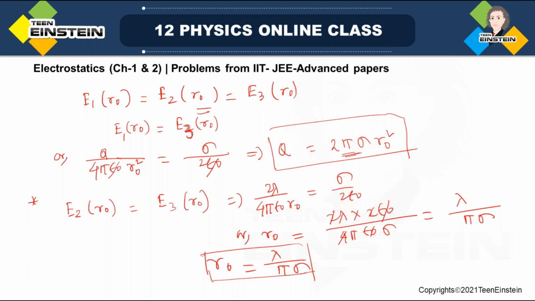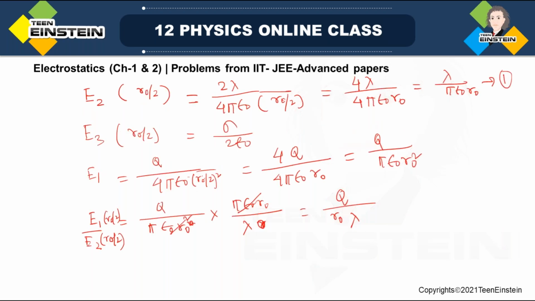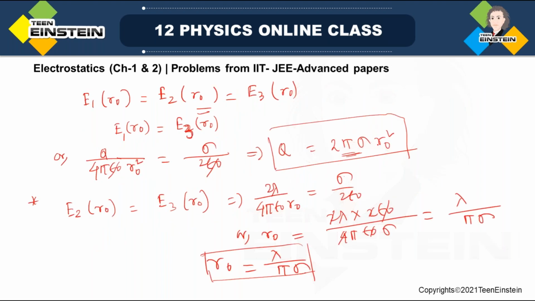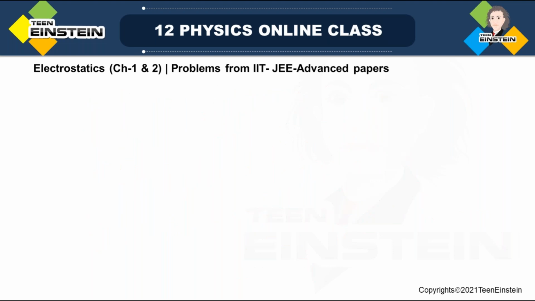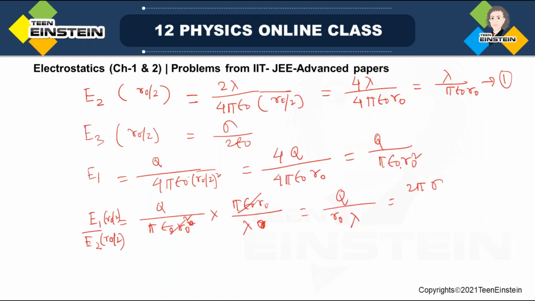Q is equal to 2 pi sigma r naught square, which we had already found out. So for Q we put 2 pi sigma r naught square, and one r naught gets cancelled.